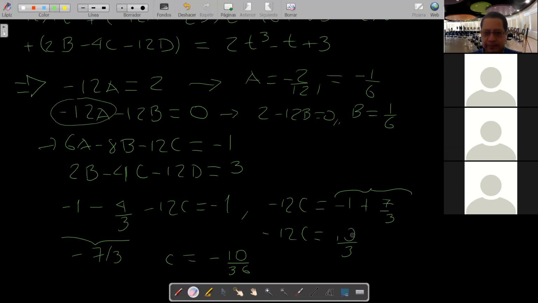And then we have -3 plus 7, which is equal to 4/3. Is that correct?